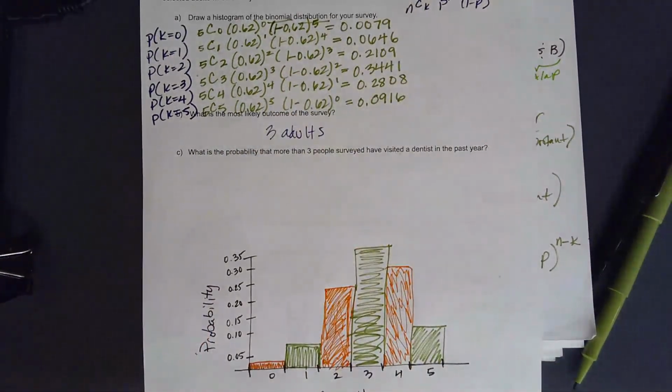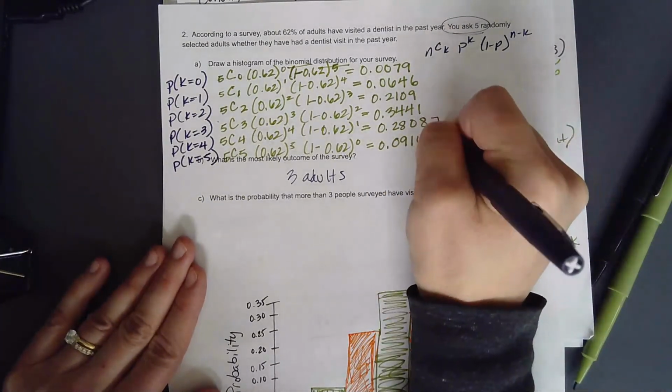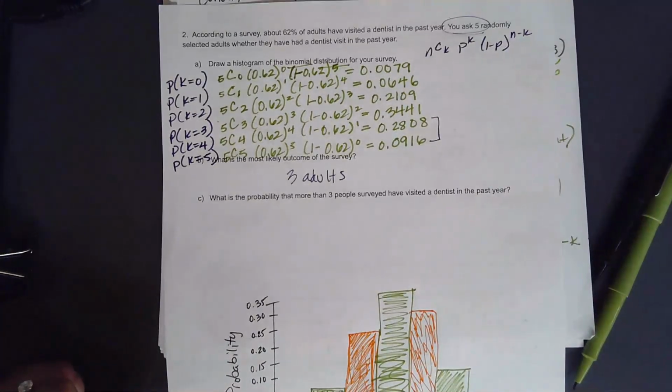What is the probability that more than 3 people surveyed have visited the dentist? More than 3 implies we're looking at the probability of 4 and the probability of 5, because those are the only two values in our survey that count as more than 3.